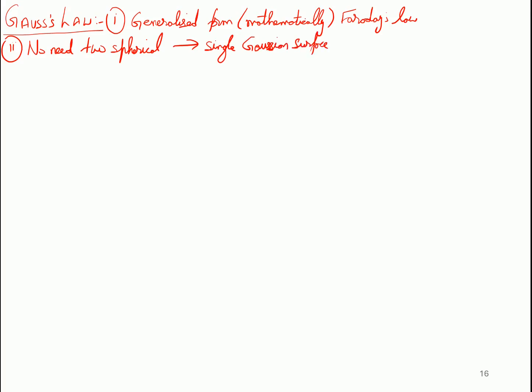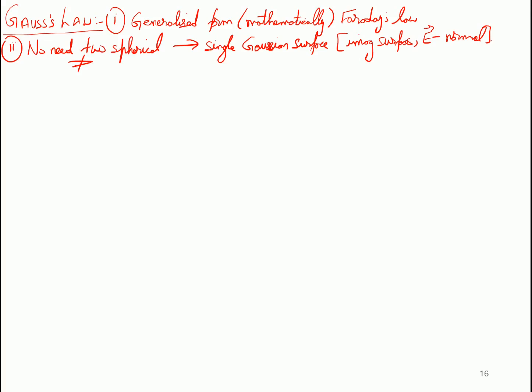So a Gaussian surface is basically an imaginary surface, and the electric field is always normal to that surface. So this is what Gauss said. He said we don't always need two spheres to see the electric flux forming. We can just take any object that has a charge and enclose it by a Gaussian surface, and it will do the same job.